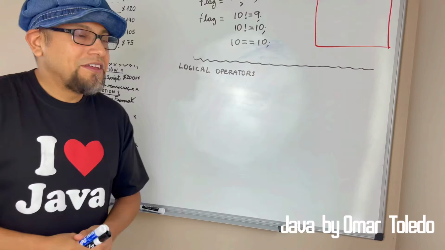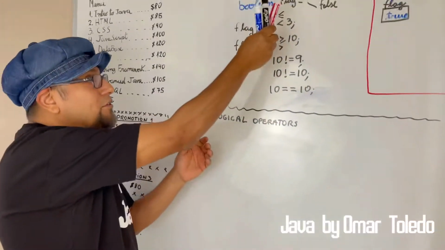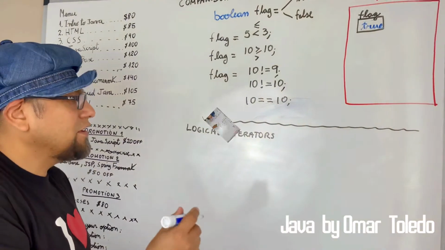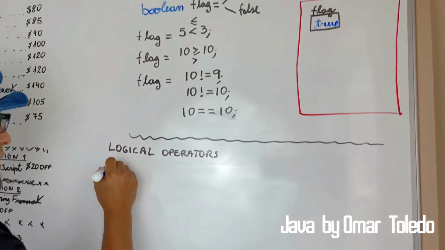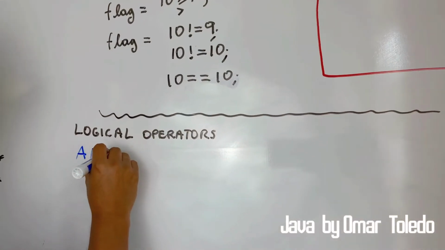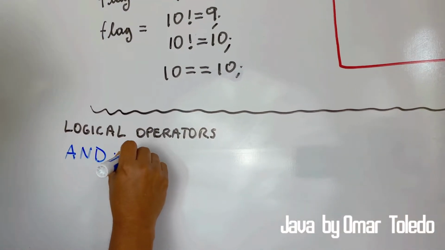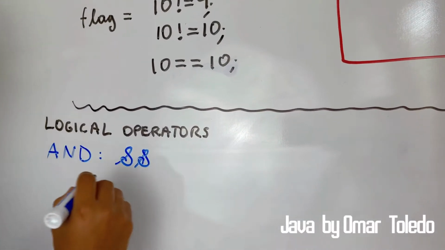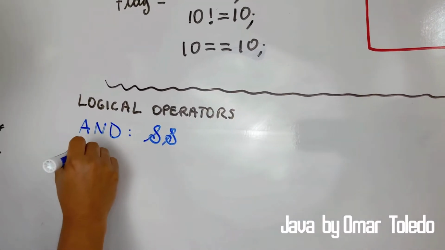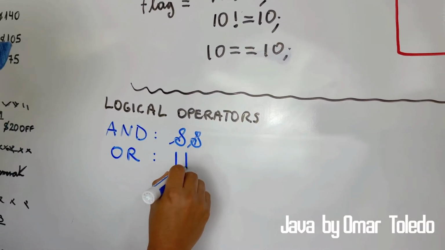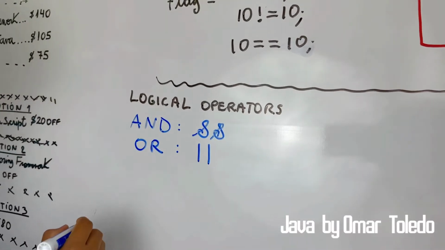Good question. Now we've covered comparison operators, and we're going to talk about logical operators. Let me write down what the logical operators are. AND uses the ampersand symbol. OR uses two vertical lines, which you'll find on the keyboard.